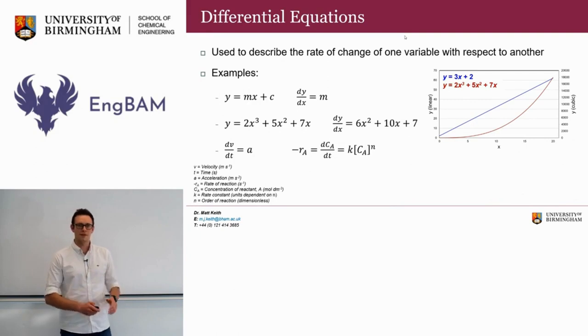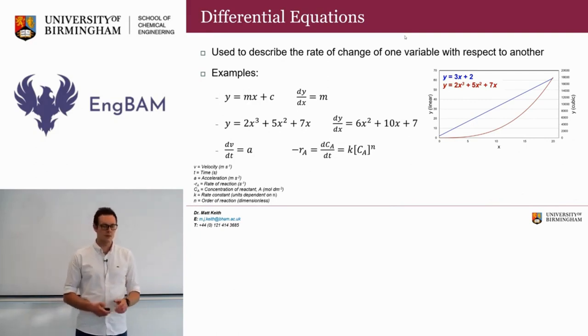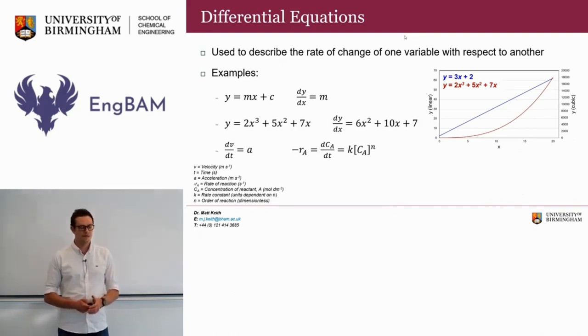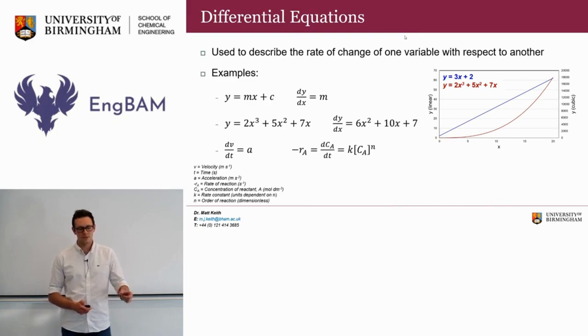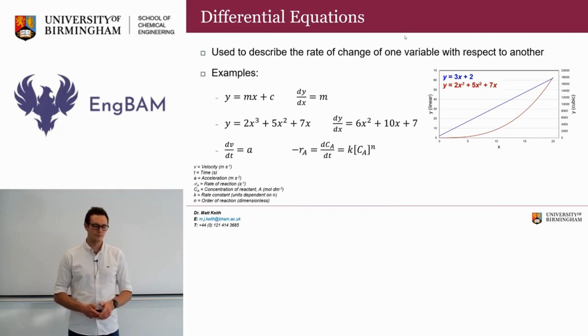If we move away from these fairly pure maths equations, where we just look at two variables y and x, we can develop some physical or chemical laws. For example, if we have dv by dt, where v is velocity and t is time, how velocity changes with respect to time gives us our acceleration.